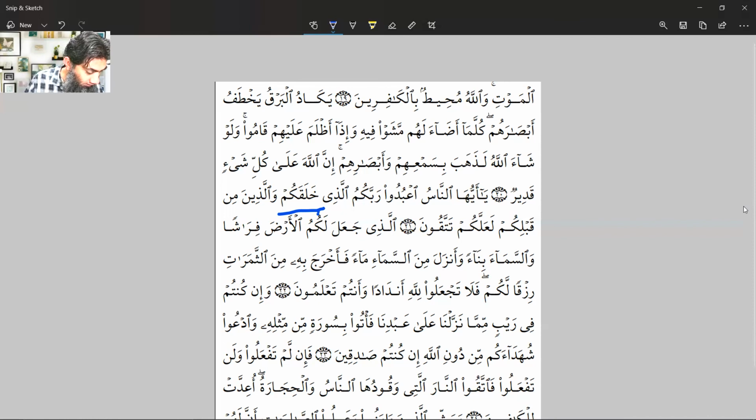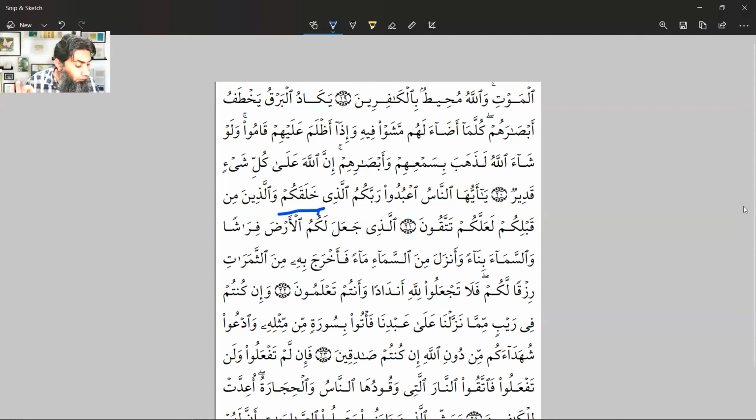That's one shart actually, because again in kuntum here. No, brother, look. The first in was adatu shart, and then kuntum fi raybin mimma nazzalna ala abdina was the shart part.